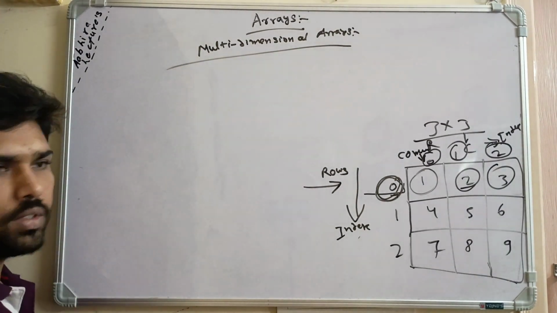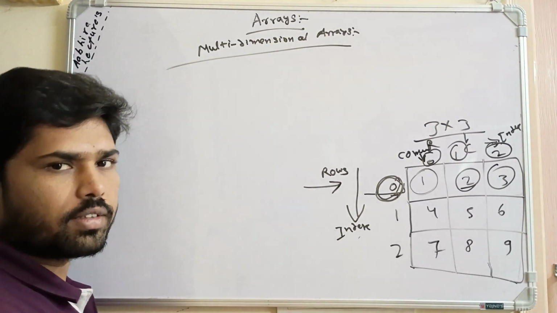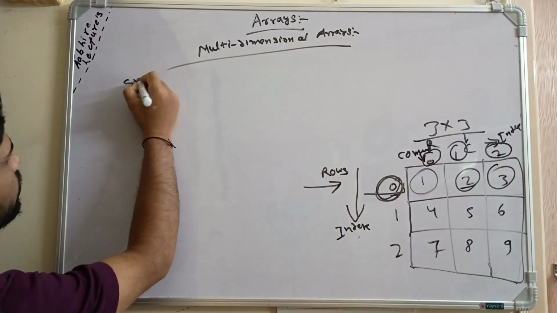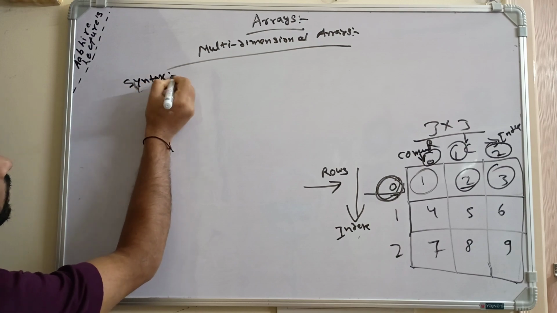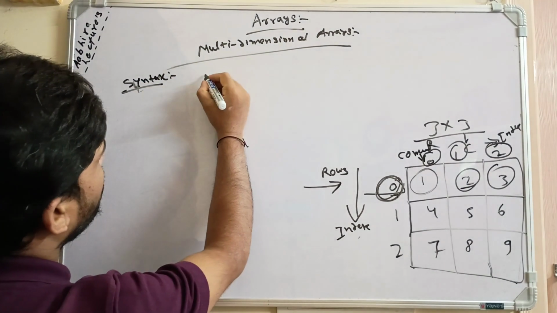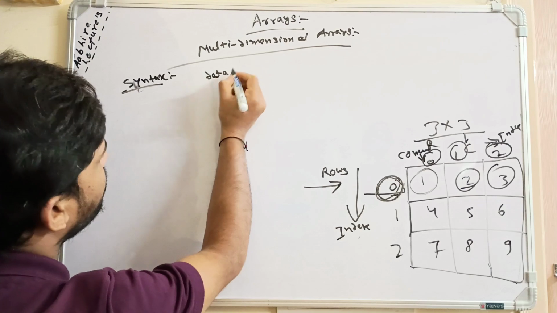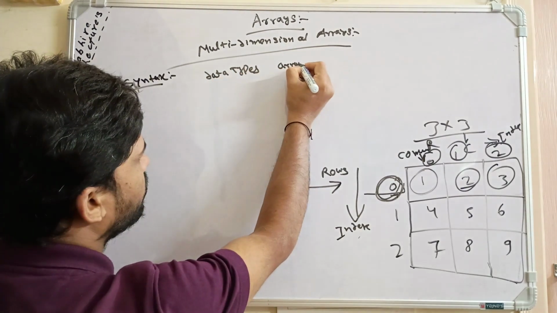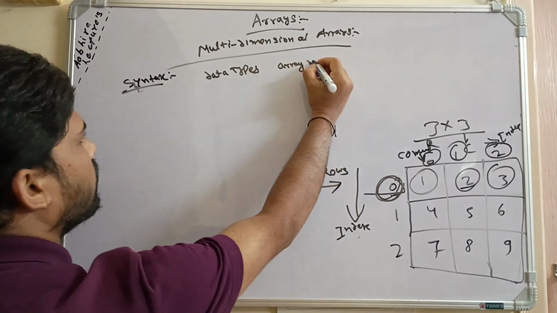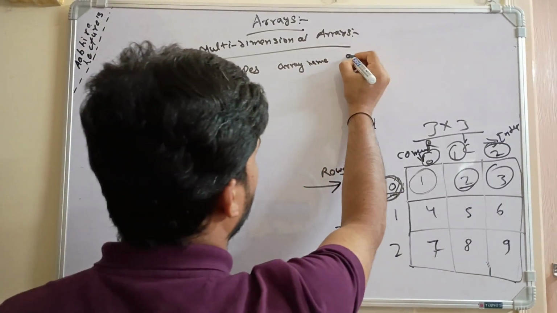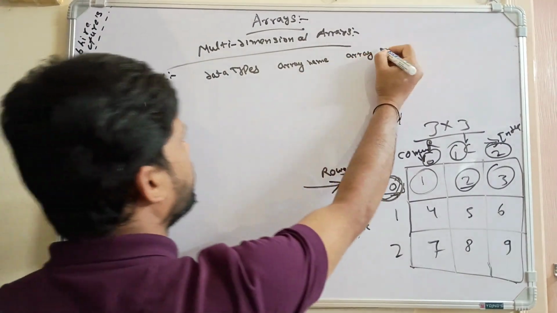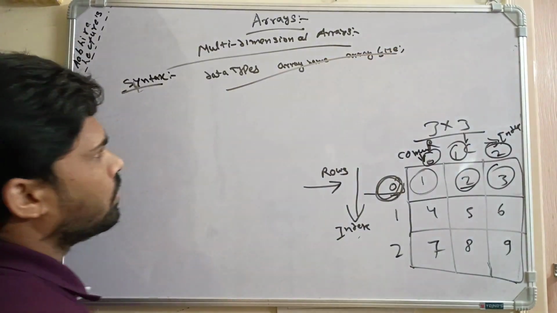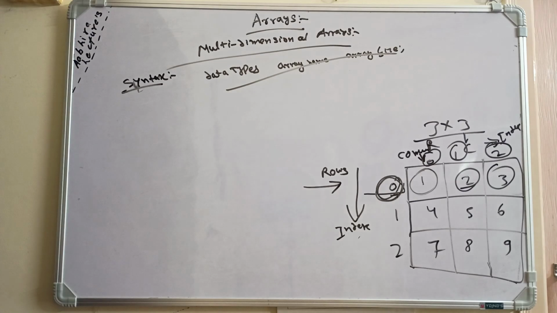First of all we see the general syntax: data type, array name, and array size. So this is the general syntax for an array, right?